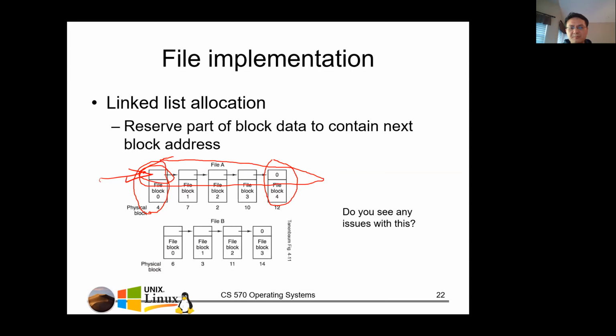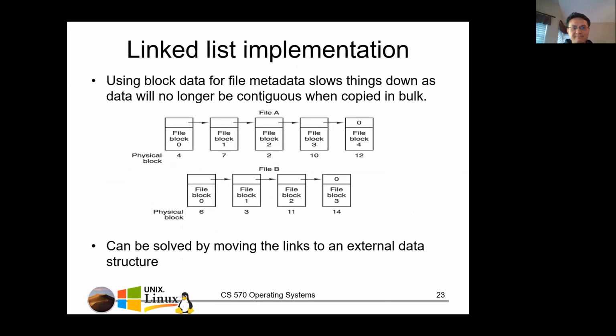So what could be other problems with this scheme? Anybody can tell me? Let's say we consider the access efficiency, sequential access or direct access.